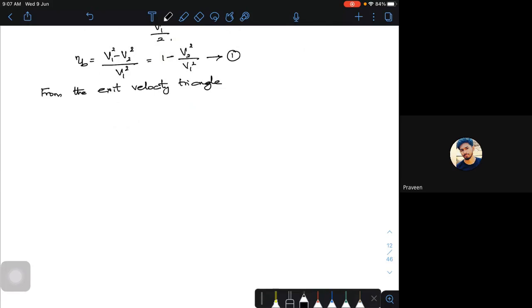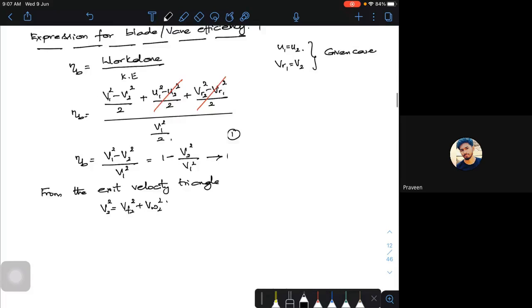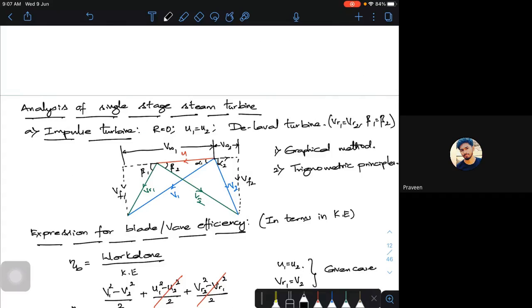From the velocity triangle at 2, I can write, using Pythagoras theorem, V2 square is equal to VF2 square plus VW2 square. Why? Because this angle is 90 degrees, since this is a right angle triangle.